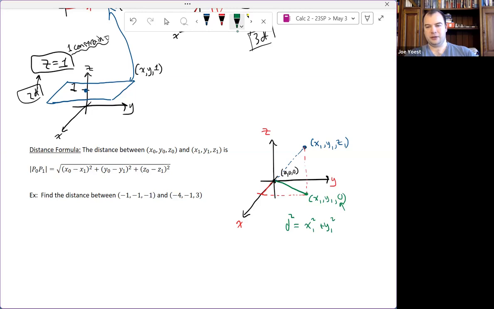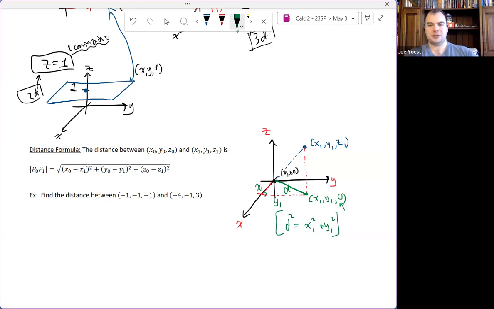Right, that's just the Pythagorean theorem. This is x1. This is distance y1. That's a right triangle. So the Pythagorean theorem gives me that this green line has distance d, where d squared is x1 squared plus y1 squared.